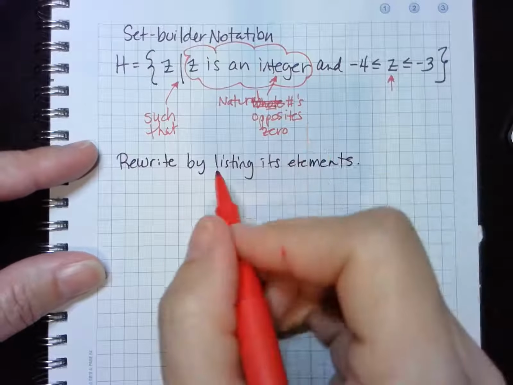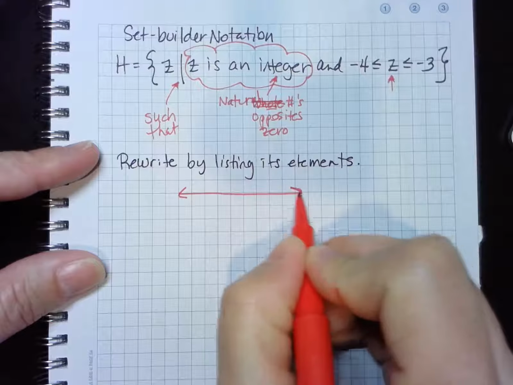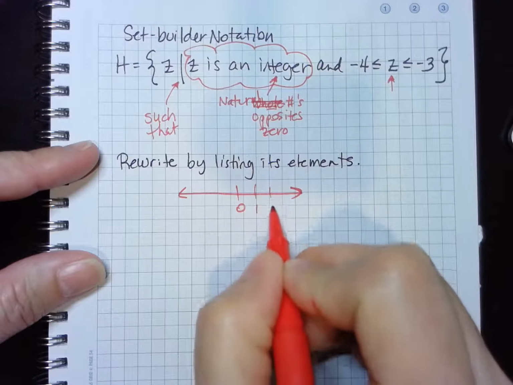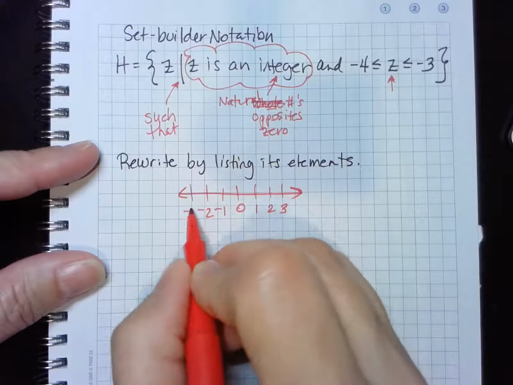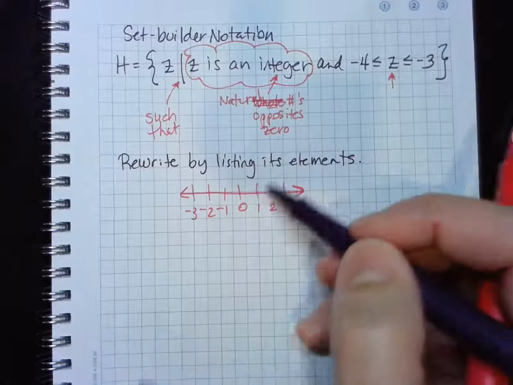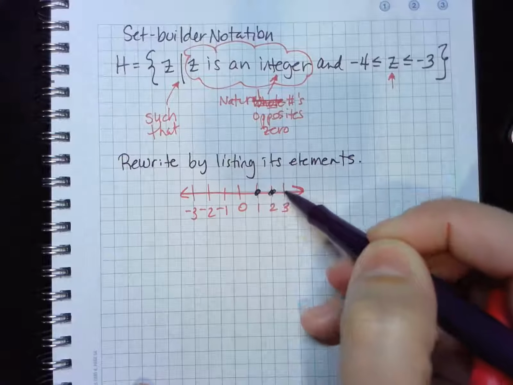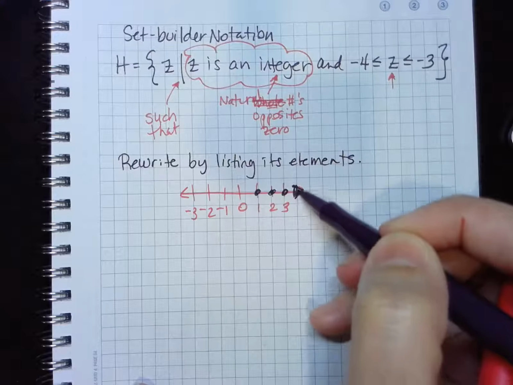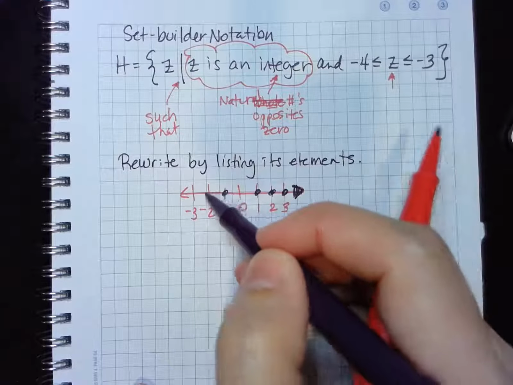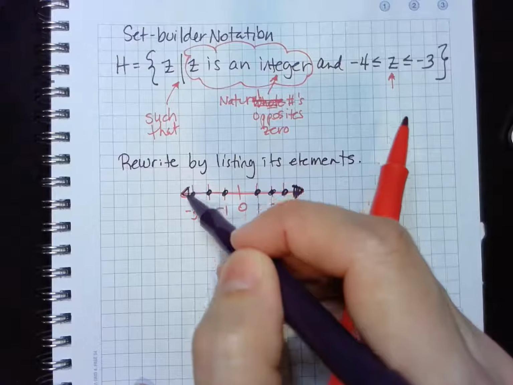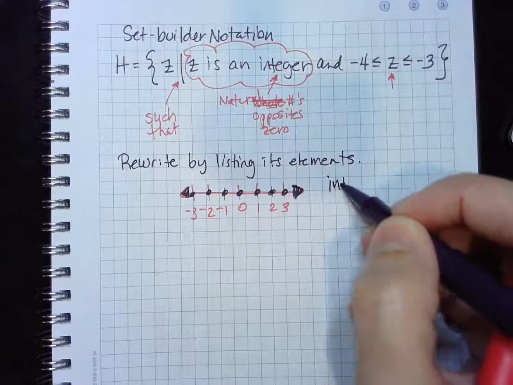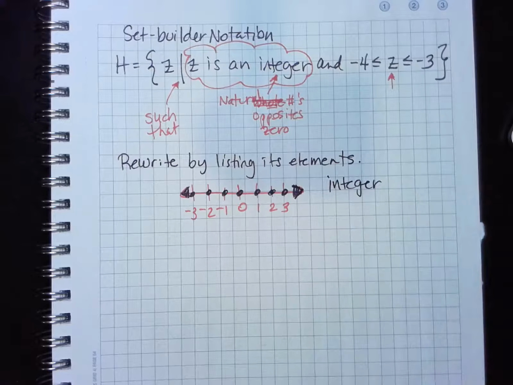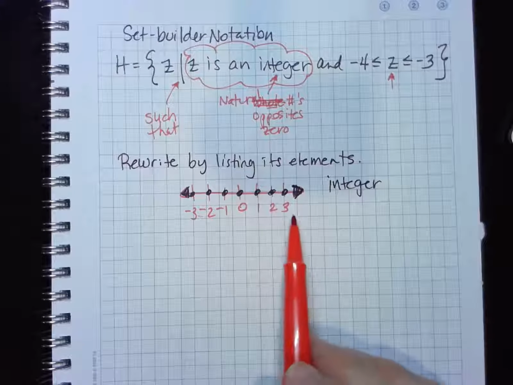So if you think about it on the number line, it's all those whole number parts that you guys think of as whole number parts on the number line. So it would be the natural numbers, I'm going to shade the arrow, their opposites, I'm going to shade the arrow, and 0. So here's a little picture of what an integer is. So that's your first condition. It has to be an integer.